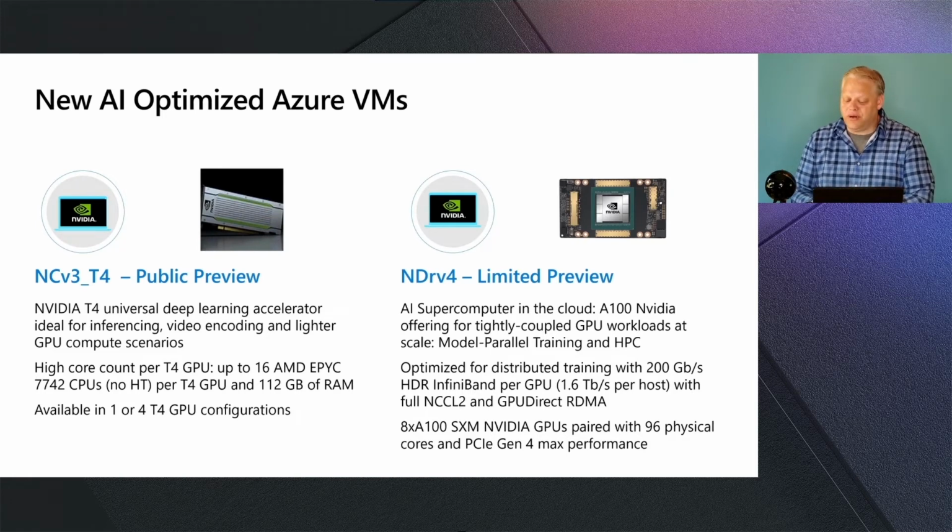For deep learning, we are now in a limited preview of our A100 NVIDIA offering, you can request access to this machine, and these will be rolling out as we go wider. This will offer effectively an AI supercomputer in the cloud, giving you up to 1.6 terabytes per second of memory bandwidth per host.